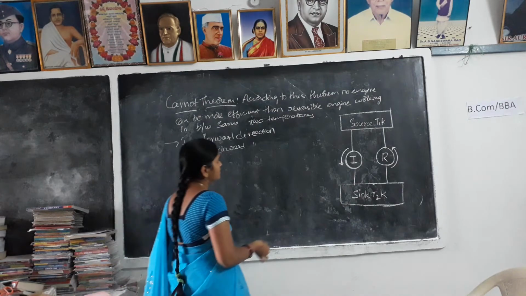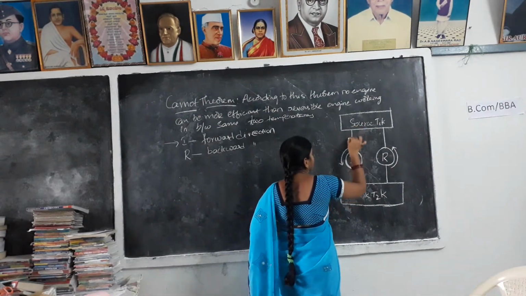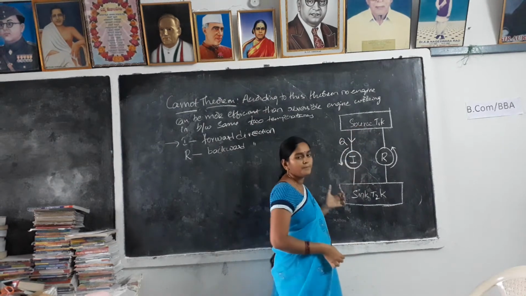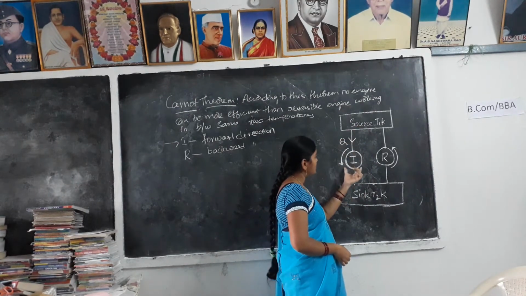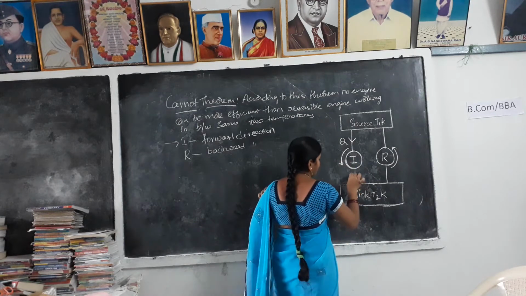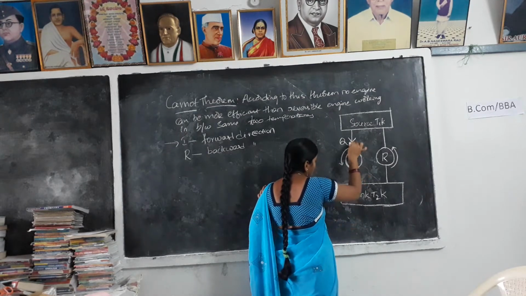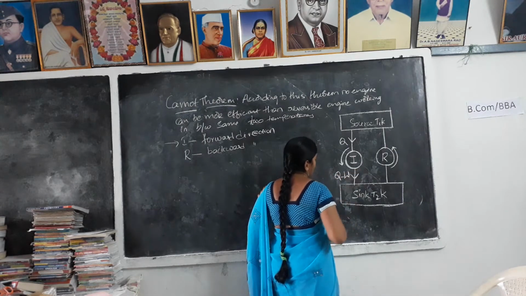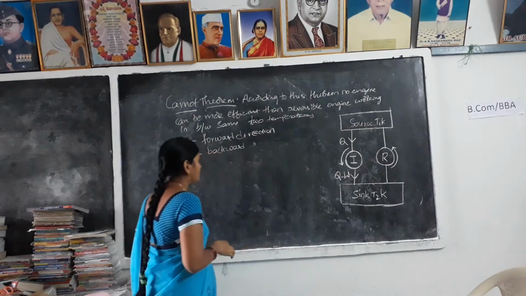Now here it absorbs Q heat from the source, right? So after absorbing, it converts into work. That means it converts the absorbed heat into work as Q minus W. Okay?